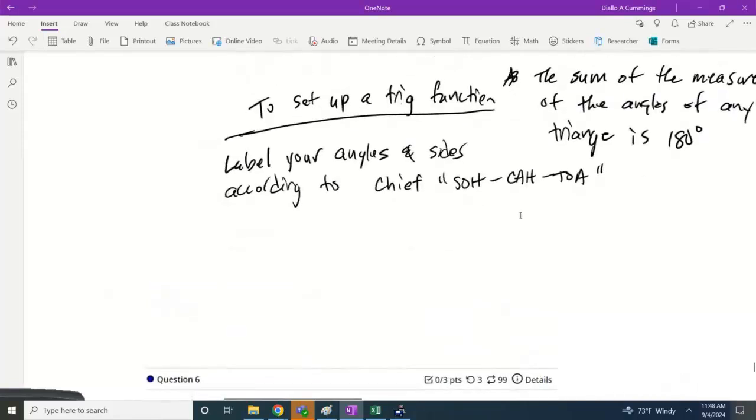The sine is the opposite side over the hypotenuse. We already talked about the hypotenuse, that's opposite the right angle, and that's always the longest side in any right triangle. The cosine is the adjacent side over the hypotenuse, and the tangent is the opposite side over the adjacent. So I want to label opposites, the hypotenuse, and then any adjacents.